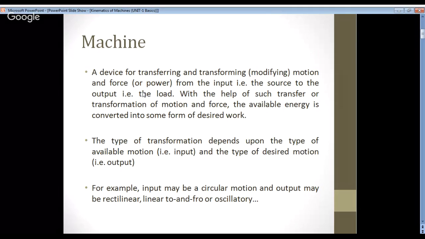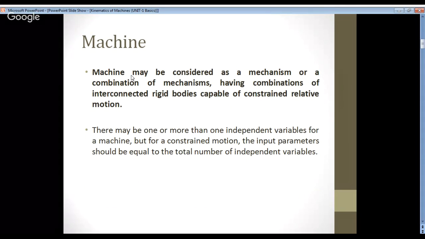If you want to define it from the theory of machines subject point of view, then a machine may be considered as a mechanism or a combination of mechanisms having interconnected rigid bodies capable of constrained relative motion. Let us take the example of a plier. In a plier, there are only two parts connected with the help of a pin.